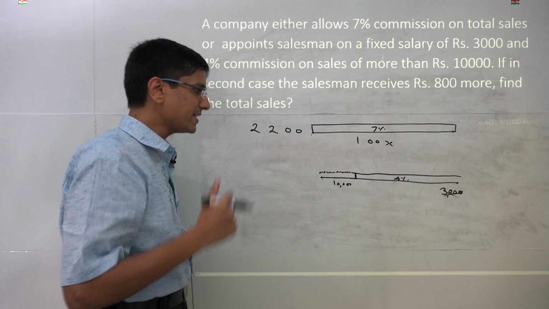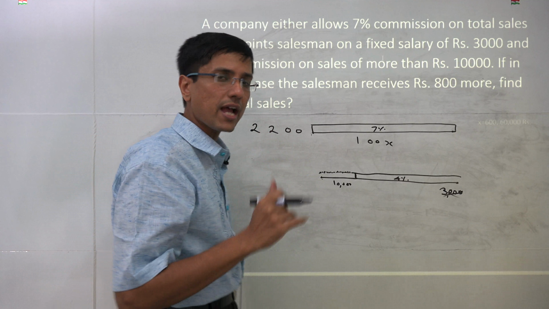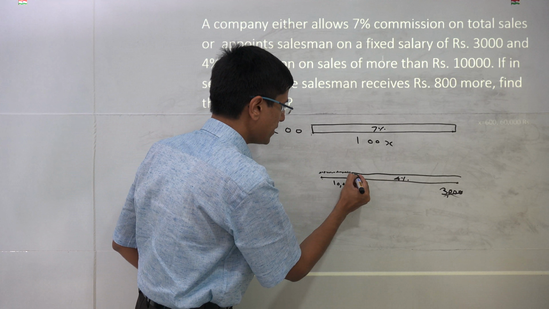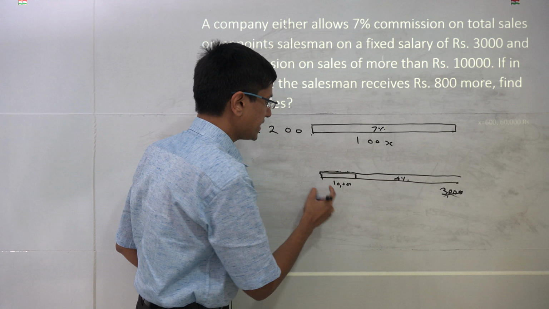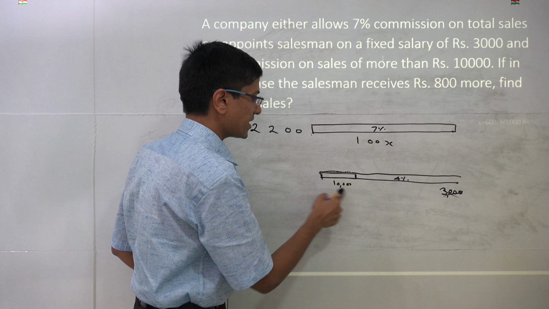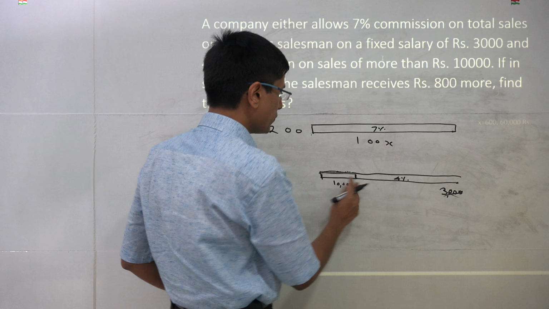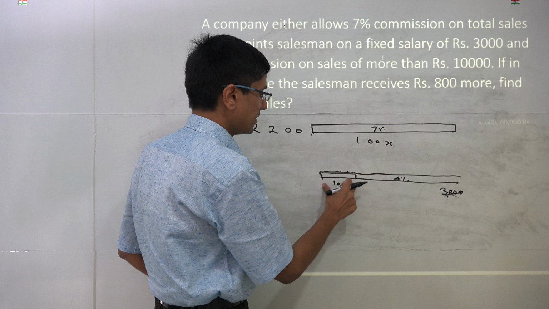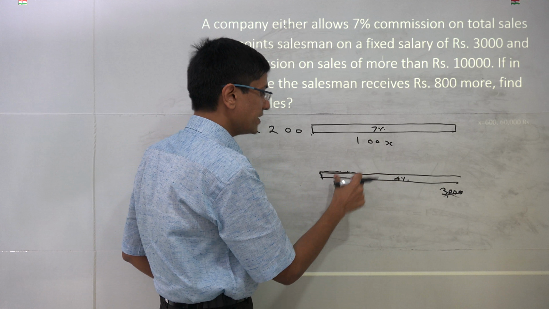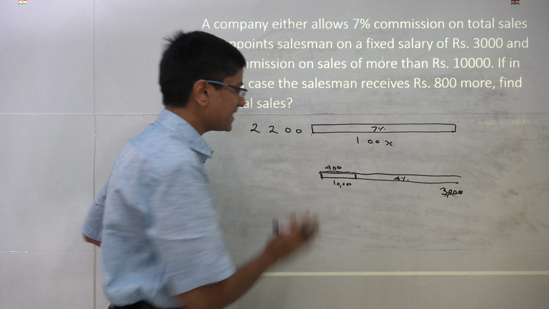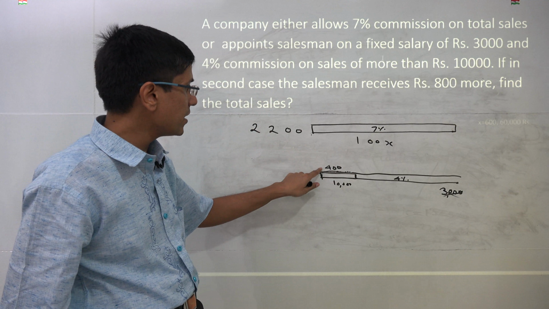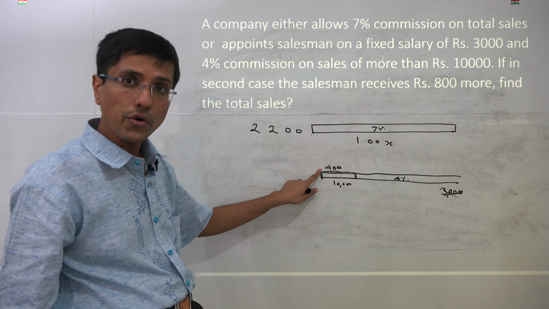Now in the second step, let's try to compute what would happen if the company were to give this 4% commission on sales starting from 0. So instead of starting at 10,000, if the 4% commission was also given on these 10,000 rupees, the salesman in the second case would earn 400 rupees more.